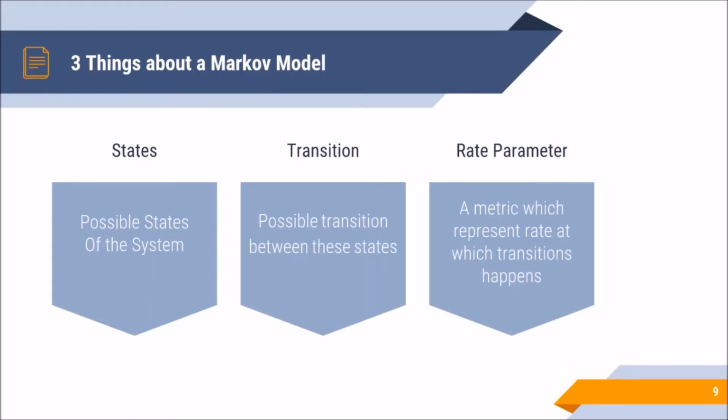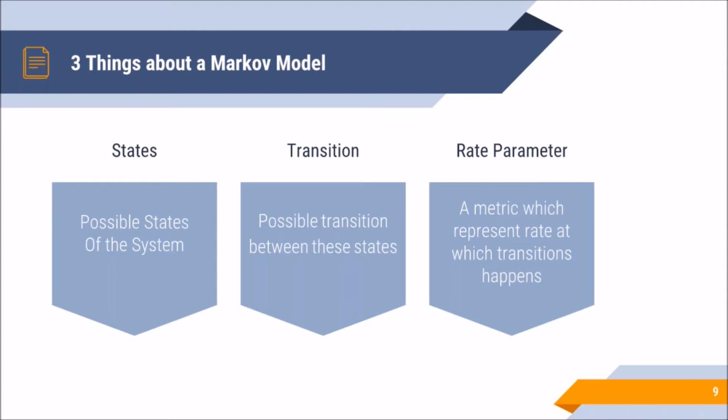A Markov model consists of three things: state, transition, and rate parameter. A state is a possible state of the system, or we can say where the user currently is in his or her journey. A transition is a possible transition between these states, simply the possible paths a user can take from one state to another.